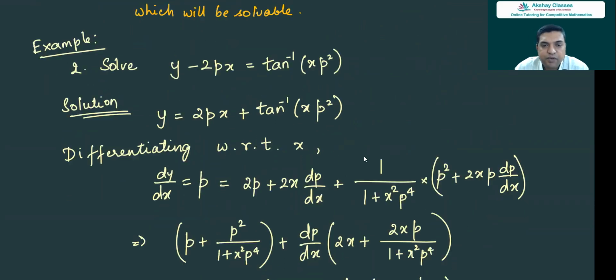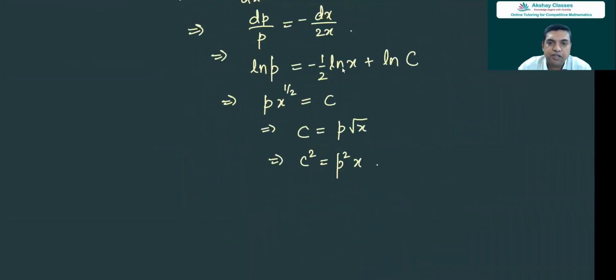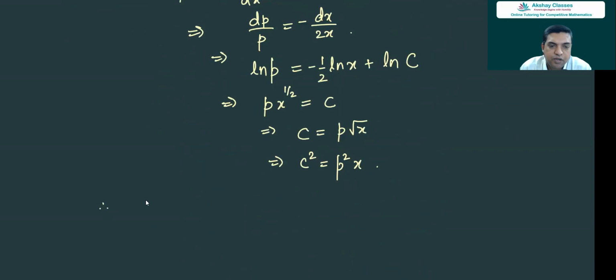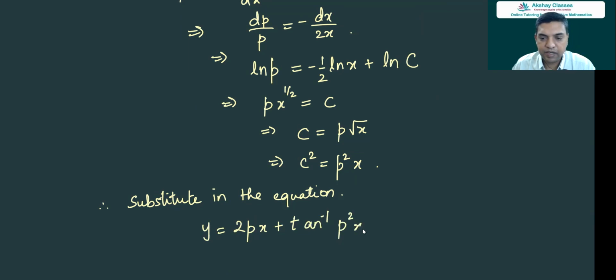So in this particular equation, the solution, therefore, substitute in the equation y is equal to 2px plus tan inverse p square x.